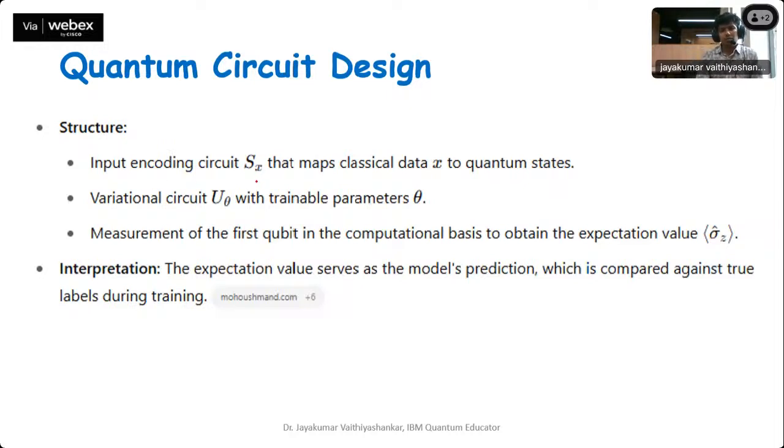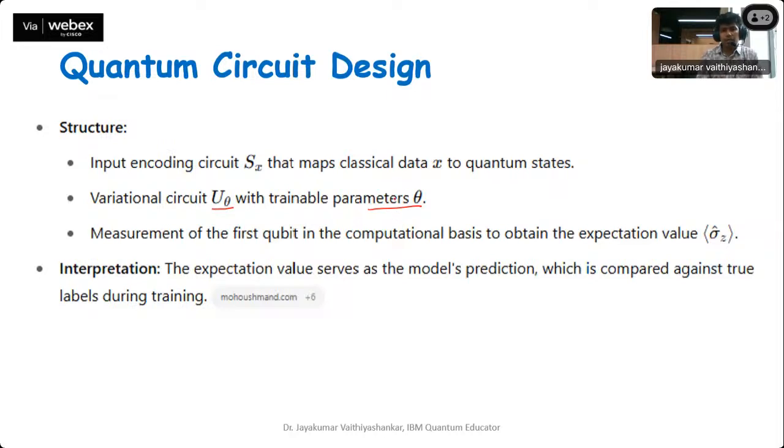Imagine you have a circuit S of x that maps classical data x into a quantum state. This is how your circuit will look. First of all, we need to encode our data; we need to do the mapping. Each time, the circuit U of theta changes with parameter theta.